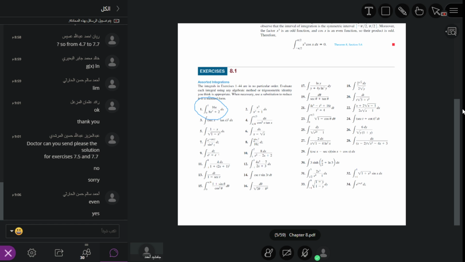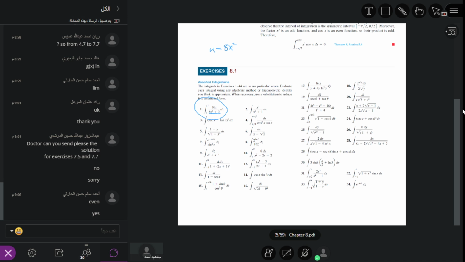So if we see question number 1, we have to evaluate this by substitution method. How can we know that? Because if we suppose u is equal to 8x square plus 2, its derivative is 16x, which is given in the numerator.